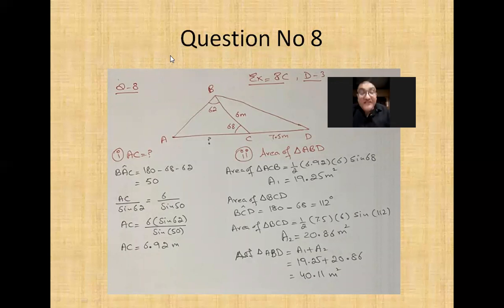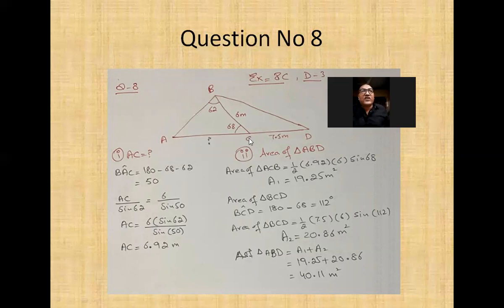It says in the figure, A, C, and D are 3 points along a straight road where angle ABC equals 62 degrees, angle ACB equals 68 degrees, BC side is 6 meters, and the CD side is 7.5 meters. Find the distance AC. The first question is to find this distance AC.